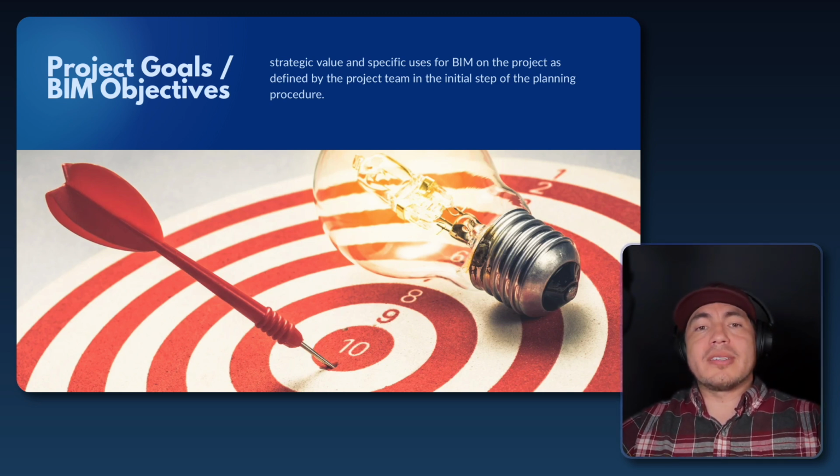In this section, the project team sets specific objectives for BIM. For instance, are we using BIM primarily for clash detection to avoid costly construction errors? Or is it more focused on energy modeling to optimize sustainability? By getting these goals down on paper, everyone knows what we are aiming for and can measure progress along the way.